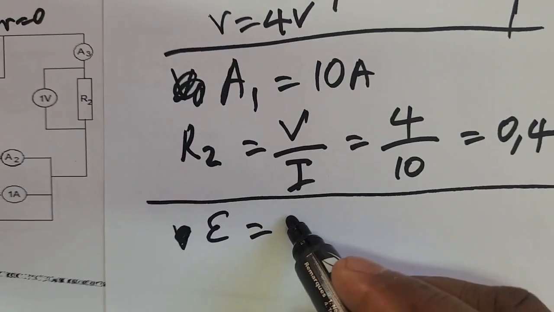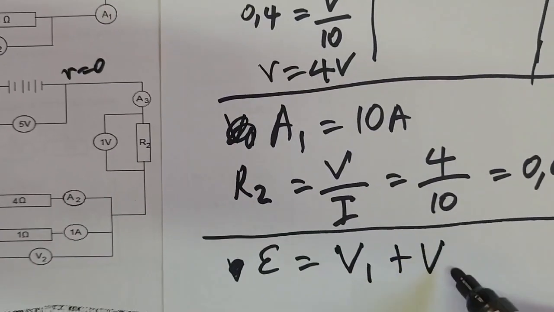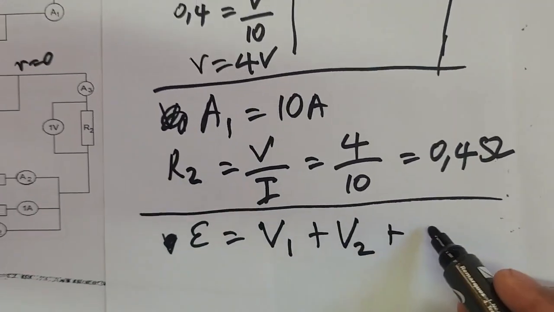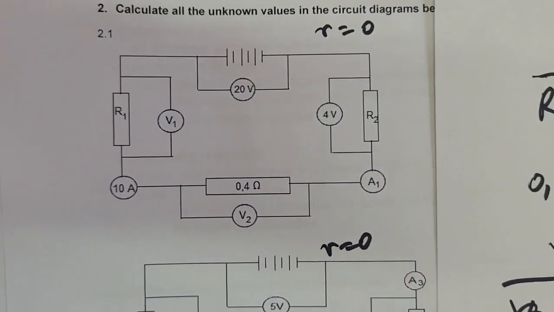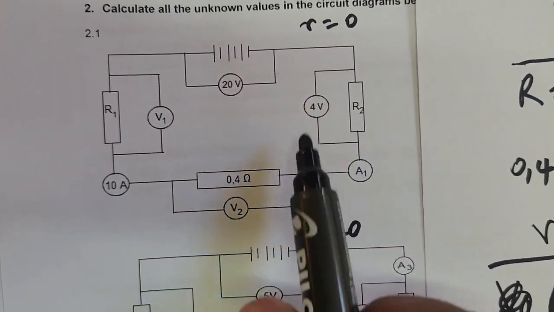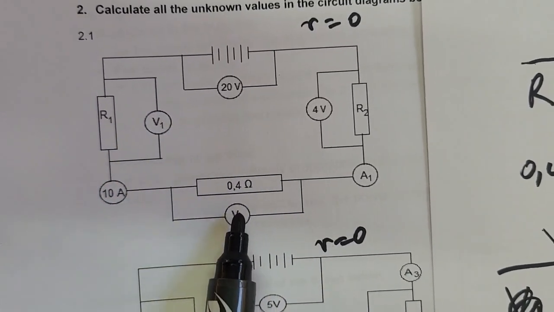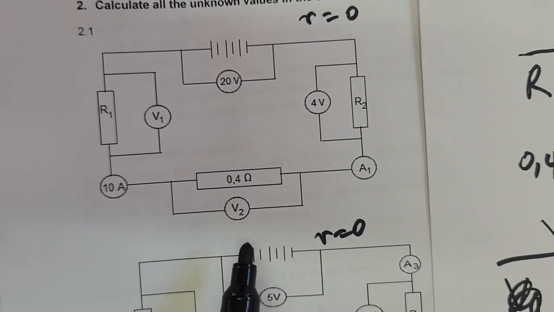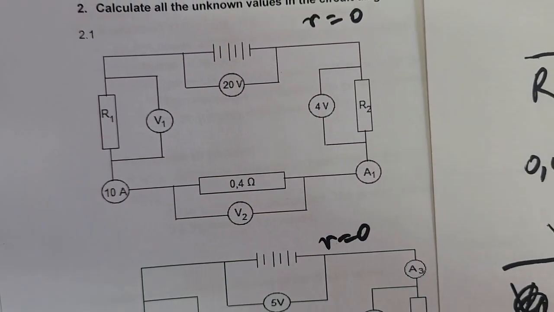Therefore EMF would be the sum of V1 plus V2 plus 4 volts. Because series connections divide the voltage, the total voltage here will be the sum of V1, V2 and this one. We already know V2 is 4, this one is 4.